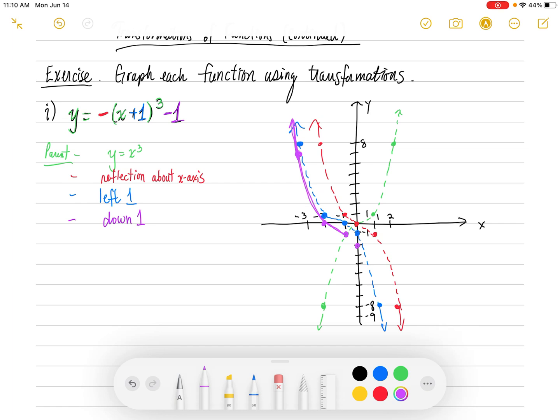Okay, now let's take our next blue point, which is at 0, negative 1, and move it down 1. And let's take our rightmost blue point, which is at 1, negative 8, and move it down to 1, negative 9. And let's connect our violets.